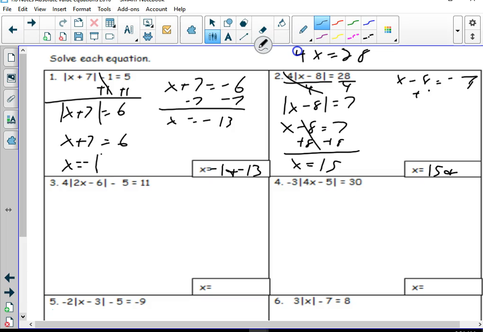Okay, over here I'm going to add 8. X equals 8 minus 7 is 1. Check it. 1 minus 8 is negative 7. The absolute value of negative 7 is positive 7. 7 times 4 is 28. I'm good to go. There's my second answer, 1.